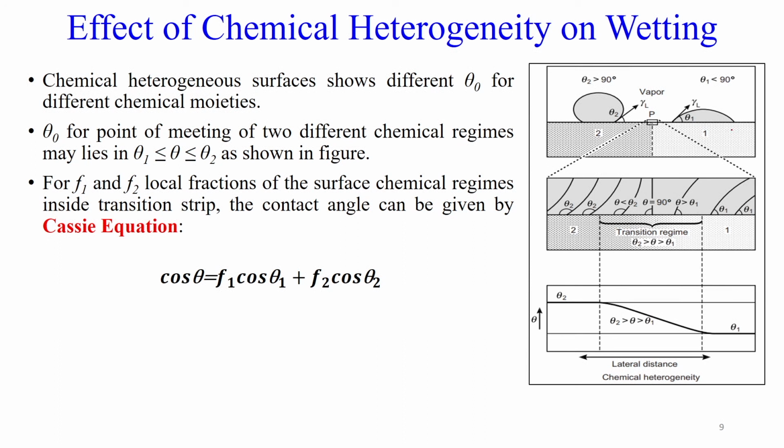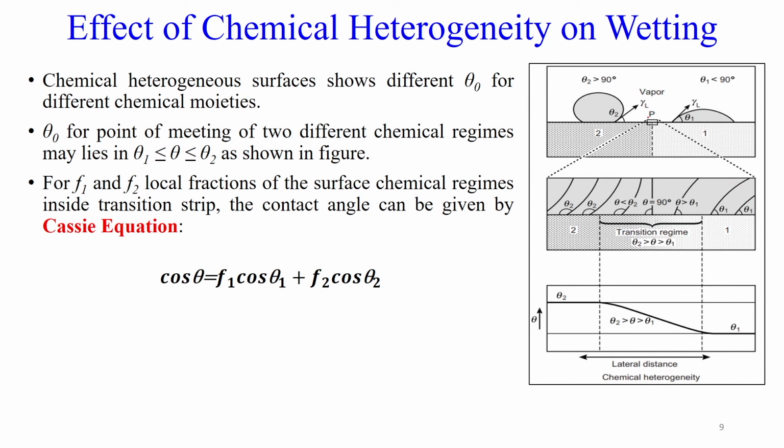this is a surface which has two chemical heterogeneities. In one case it is behaving as hydrophilic, in the other case it is behaving as hydrophobic. So, if the surface is a mixture of these two, how is it happening, just see here.